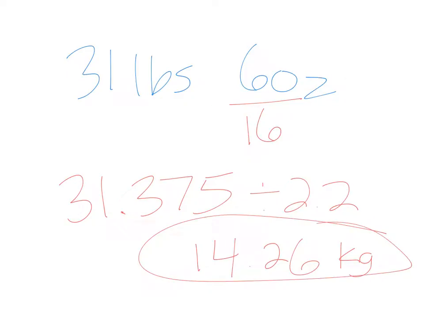So not a whole lot different than practice 1, what we were doing above. When you get a patient who weighs a whole number in pounds, simply take that whole number and divide by 2.2, which is why in practice 1, in number 1, we took 14 divided by 2.2. Number 2 was 55 divided by 2.2. Number 3 was 27 divided by 2.2.